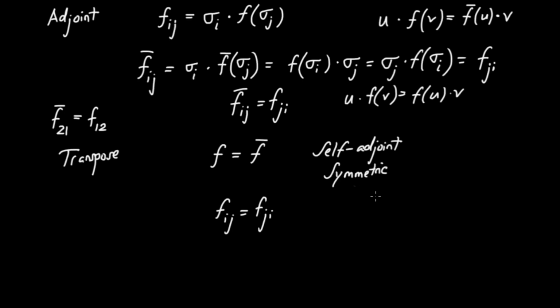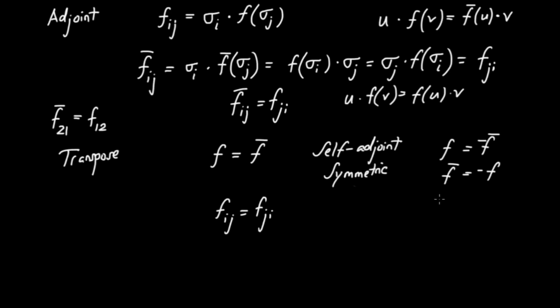Now, corresponding to symmetric operators, we also have what are called anti-symmetric operators, which is very similar to the case we have here. Instead of f being equal to its adjoint, it's equal to the negative of its adjoint. Equivalently, the adjoint is the negative of f.